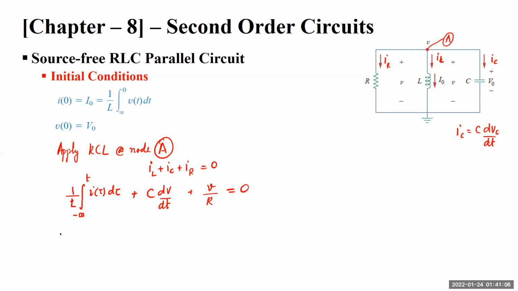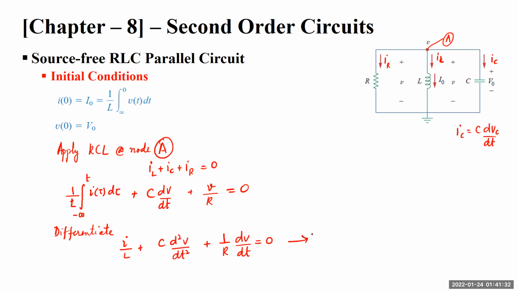If we have to simplify it, we differentiate it. What we get is V by L plus C d2V by dt square plus 1 by R dV by dt equals 0.